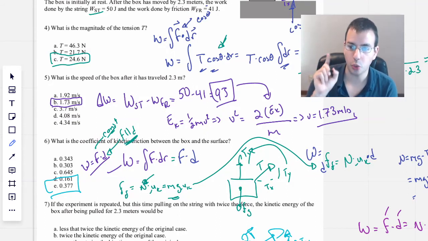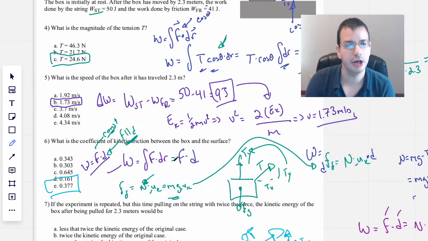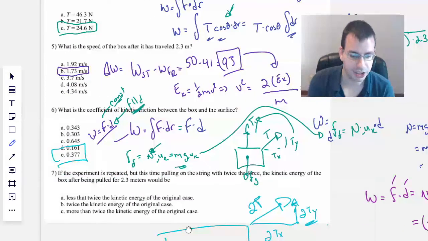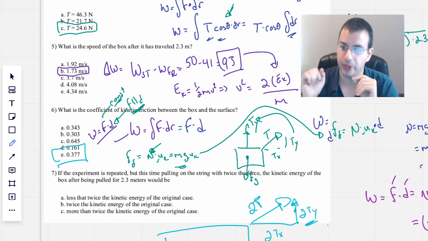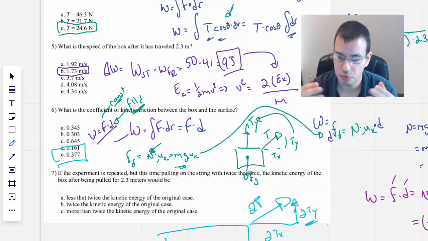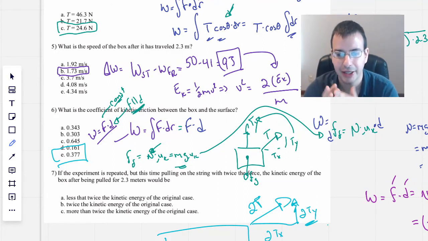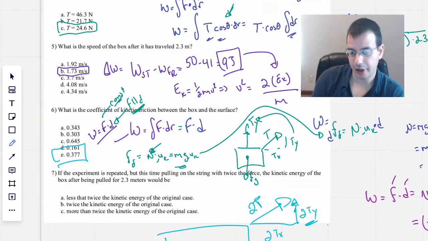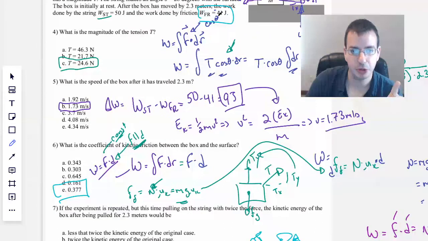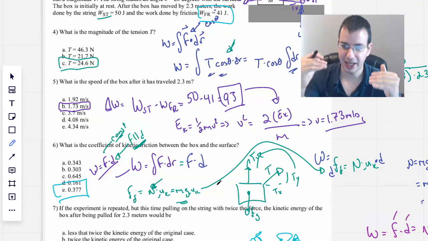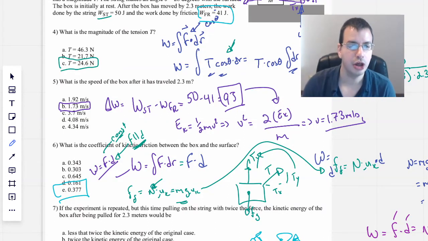Well, this 2 times tension y is going to pull up more, but part of our initial statement was we had 41 joules of friction pulling us backwards. So if we're pulling twice as hard on the leash or rope or string, we would pull the box up a little bit more, which would reduce the friction, which would actually mean we would have less than 41 joules of friction, because there would be less normal force on the ground.